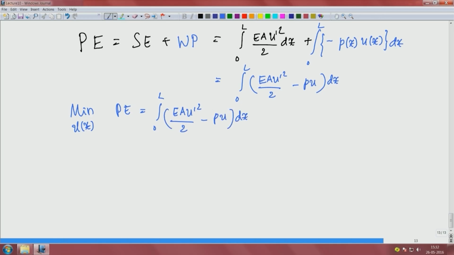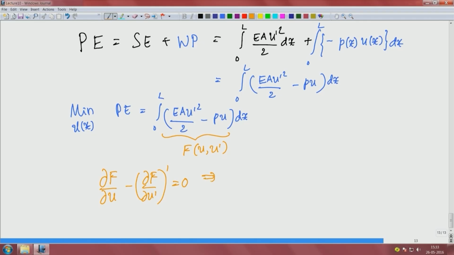Now, this is an integrand that depends on u and u prime, so we can write the differential equation. If I call this f as a function of u and u prime, then the Euler-Lagrange equation is dou f by dou u minus d by dx of dou f by dou u prime equal to 0.